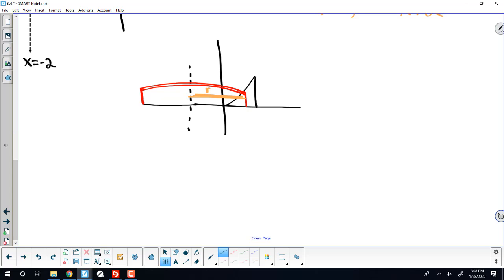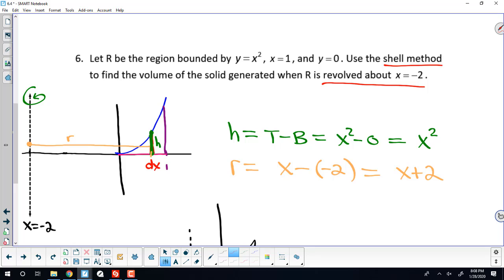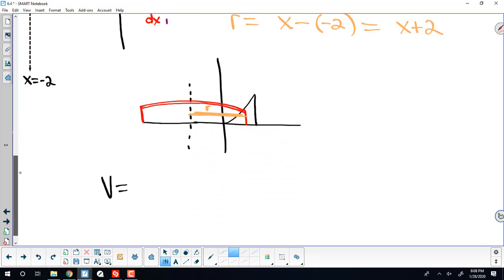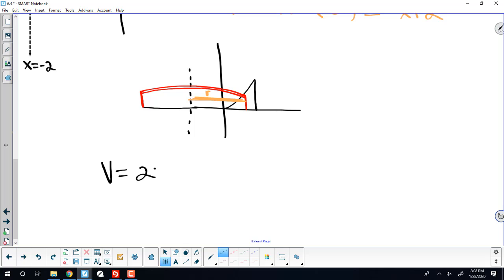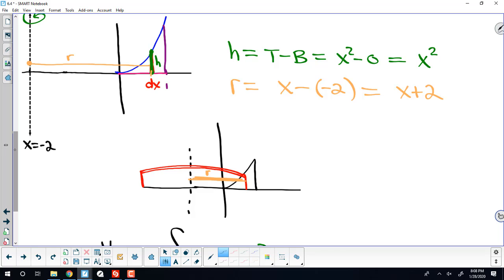So our volume. Remember, we're dealing with the shell method: 2 pi R H. 2 pi times R times H. And then x ranges from 0 to an x value of 1.